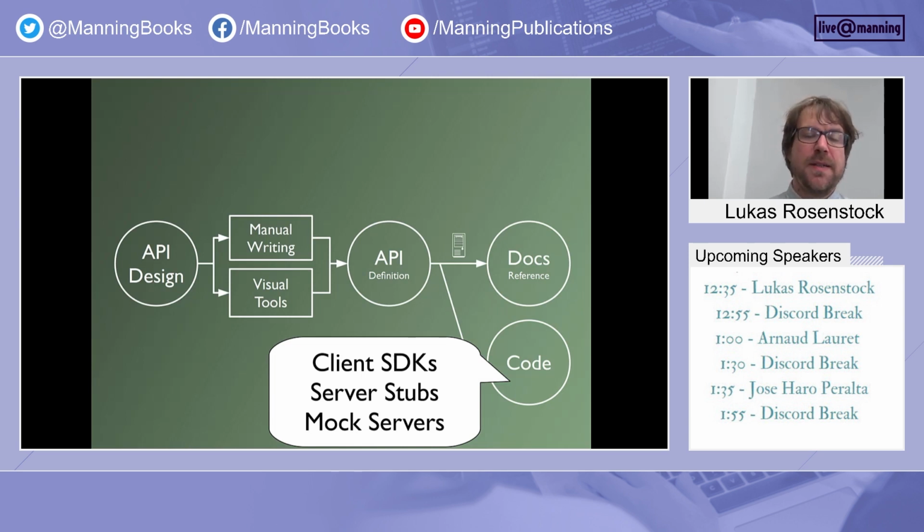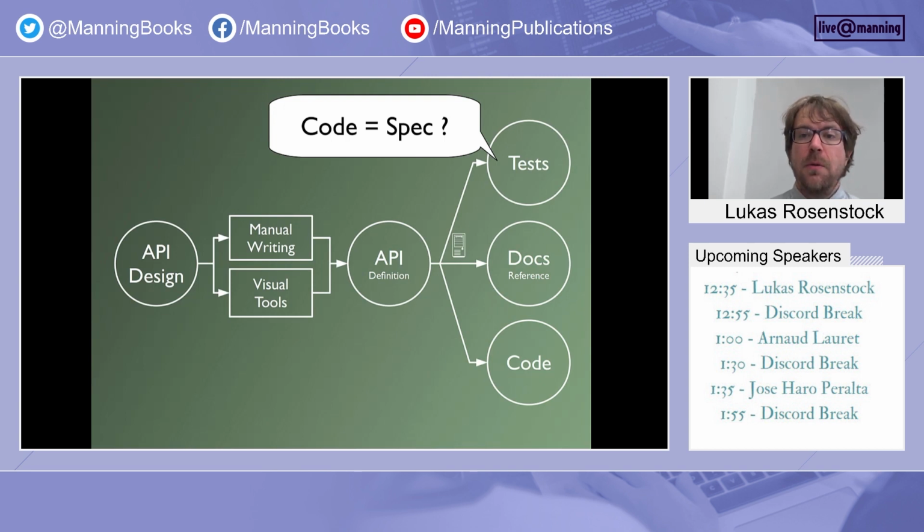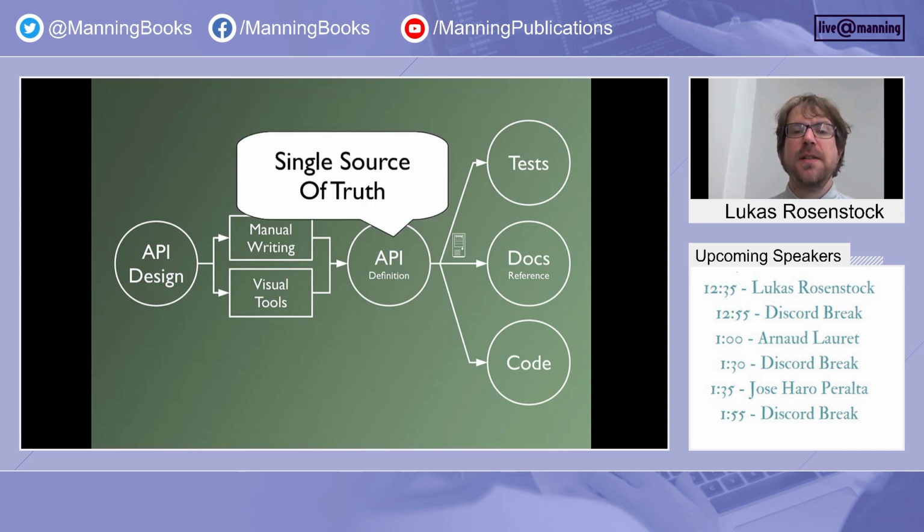For example, client SDKs, for example, server stubs, or we can create a full mock server based on the API definition, and we can use that for testing, so we can test whether the code matches the specification, the API definition. So, in this way, the API definition becomes the single source of truth, because the API definition comes first and then it drives all the other artifacts and the whole API lifecycle.